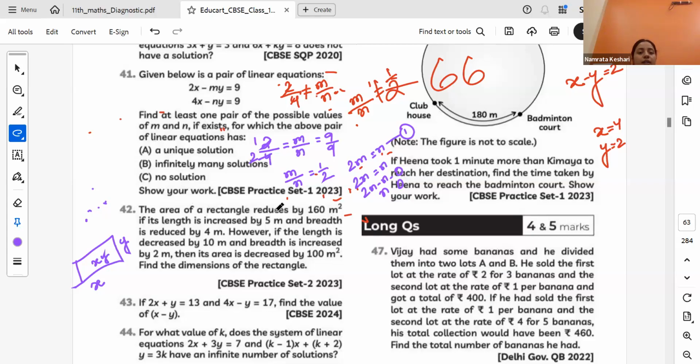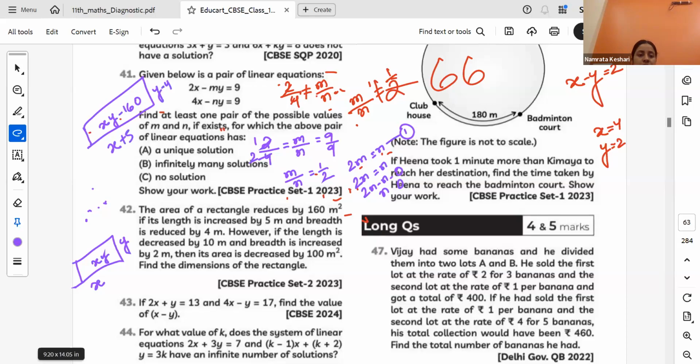Now the area of the rectangle reduces by 160. So actually it was xy, now it reduced by 160. If the length is increased by 5, your x increased by 5, and the breadth is reduced by 4. Getting it?